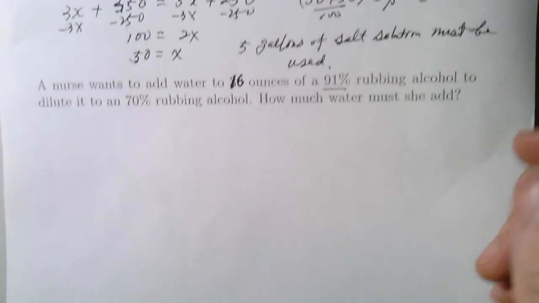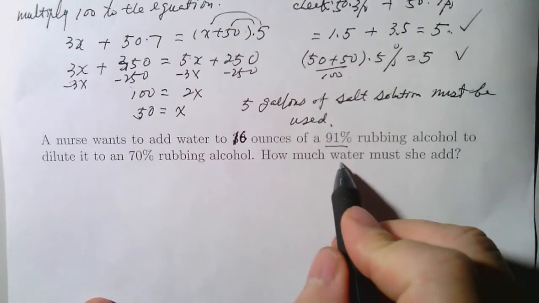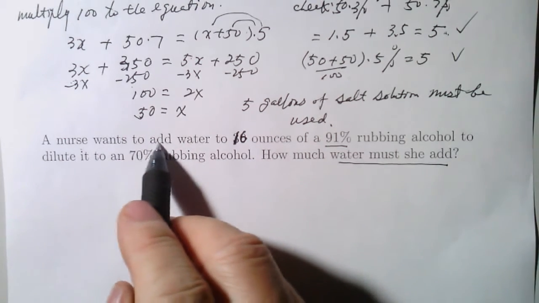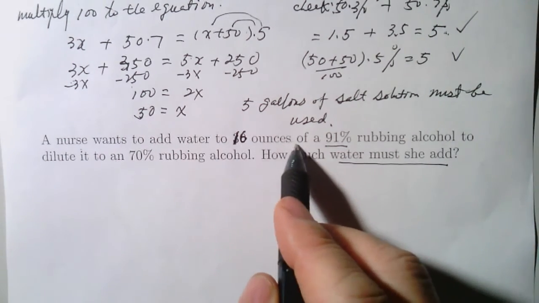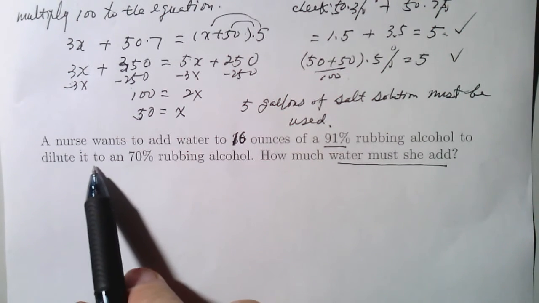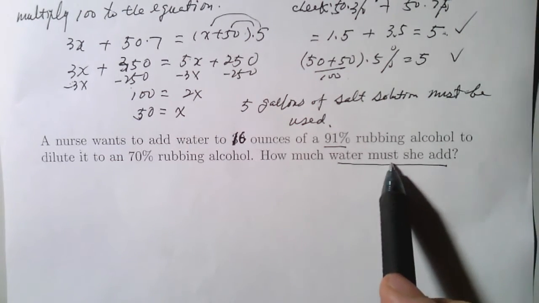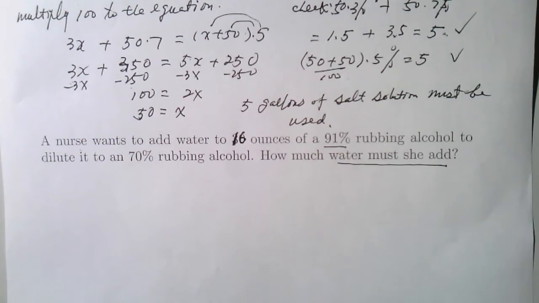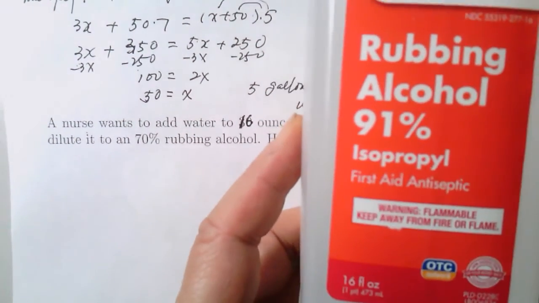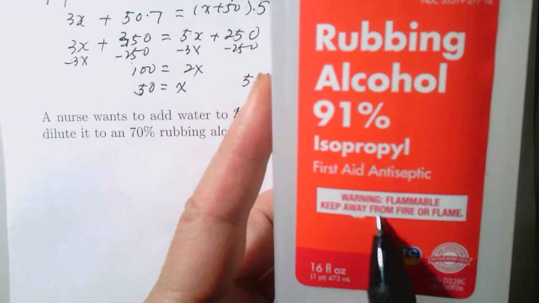Okay, so let's take a look here. How much water must be added? A nurse wants to add water to 16 ounces of 91% rubbing alcohol to dilute it to 70% rubbing alcohol. How much water must she add? I have this 16 ounce rubbing alcohol I purchased from a store.